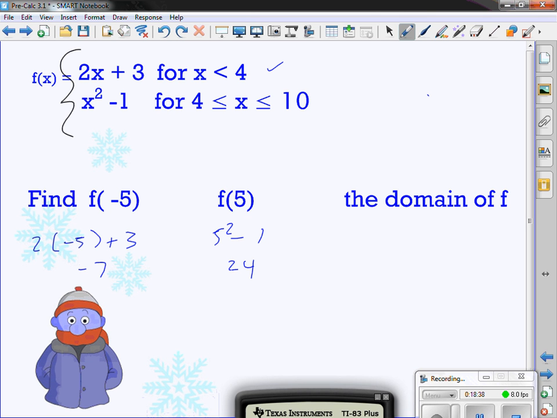Anything above 4. It has to be above 4, but it can go on and on forever, right? So the domain is negative infinity, comma. Any limitations on the bottom one? It has to stop at 10, because the 4 starts with this one. Negative infinity to 10.